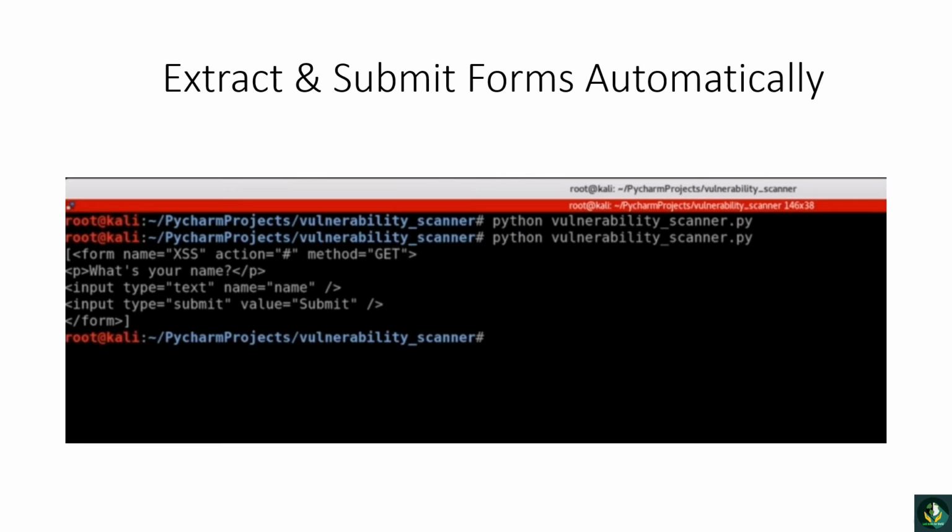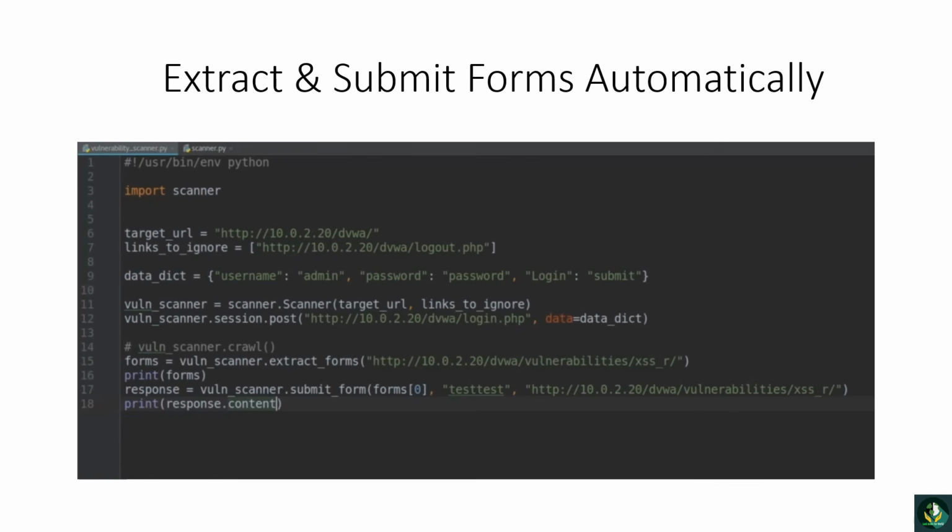The response is equal to vulnerability scanner dot submit form. Then we will give it a form as the first argument. Now it is going to be my form, which selects the first element of my list, which is my first form. Then we are going to give it the value that we want to submit.